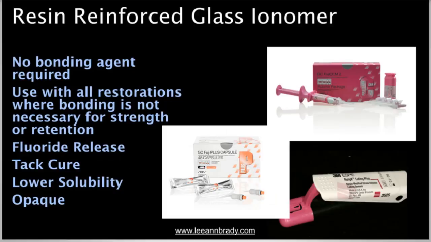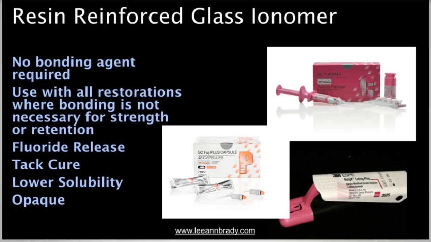Now, more recently, what's come onto the market are our resin-modified or resin-reinforced glass ionomers. We still get a lot of the advantages of glass ionomer. We get the comfort that we feel with glass ionomer. For many of you, Fuji is a name every dentist associates with glass ionomer, whether that's liners under restorations or cements.